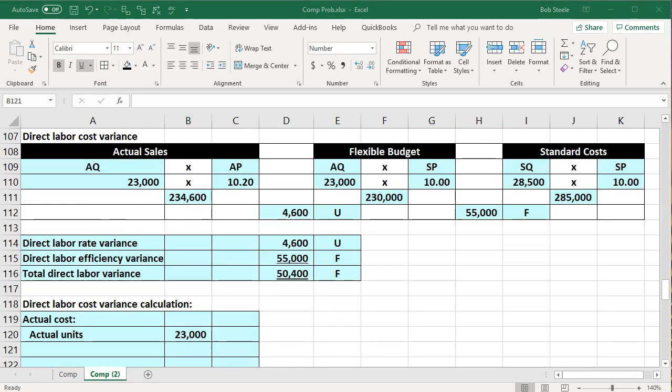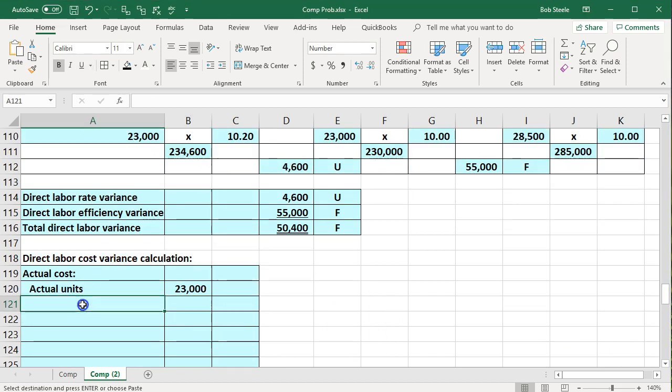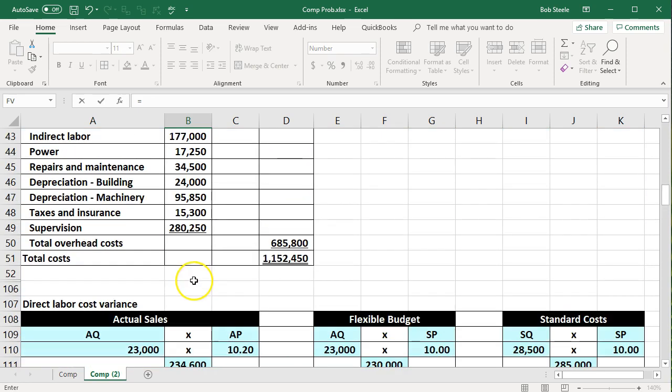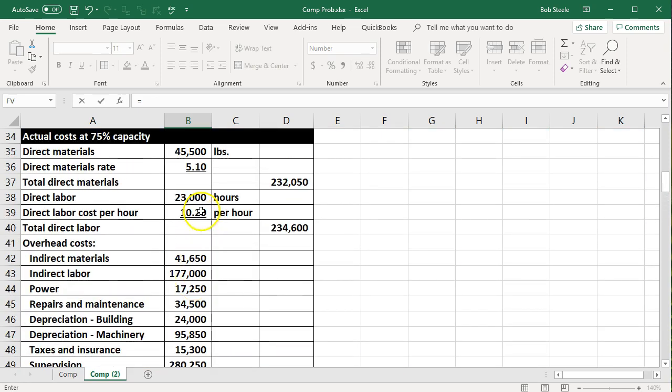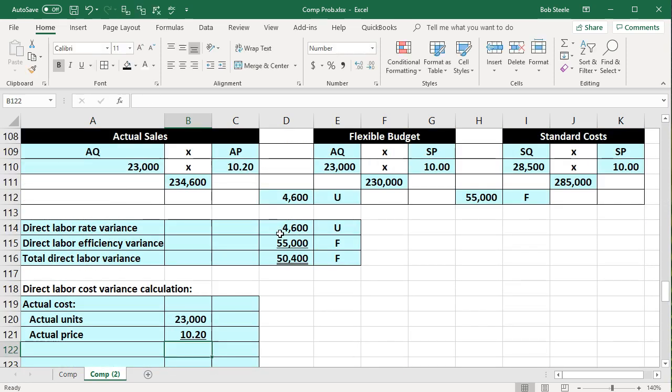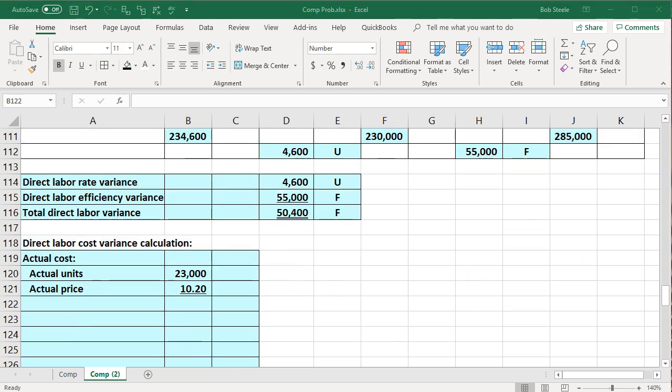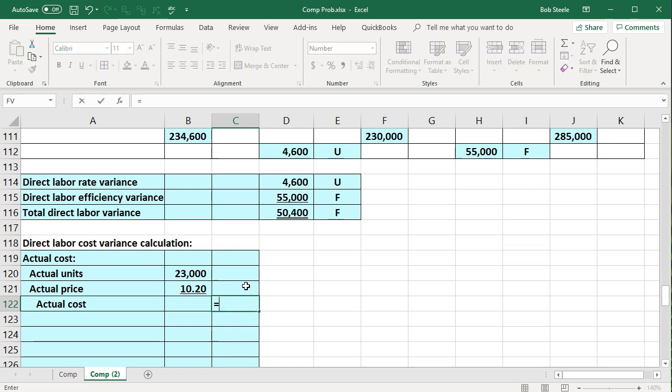And then we'll multiply that times the actual price. The actual price, if we scroll up top, is equal to the $10.20. And then if we multiply that out, we'll get the actual cost. So the actual cost is equal to the 23,000 times the 10.20.